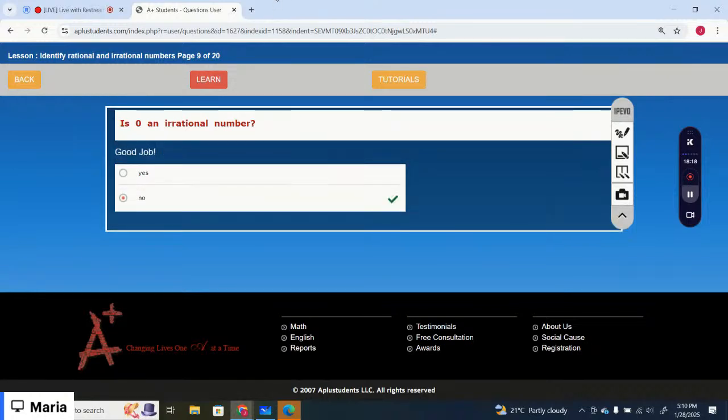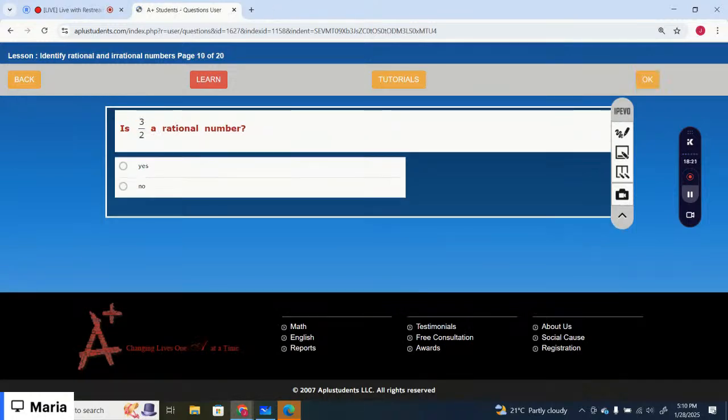No, I think. Is 3 by 2 a rational number? Yes, it is. Okay, you can complete the lesson by yourself later today. Let's move on to the next lesson.